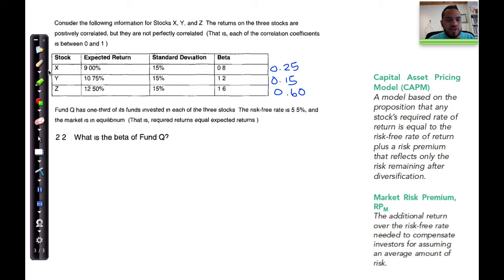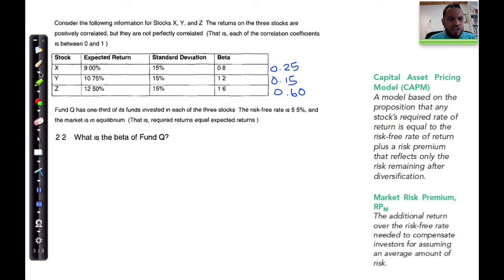Then all we need to do is take the weights: 0.25 multiplied by this beta value, 0.15 multiplied by this beta value, and 0.6 multiplied by this beta value. Once we find that, we simply sum it up and we get the beta value for the entire portfolio.